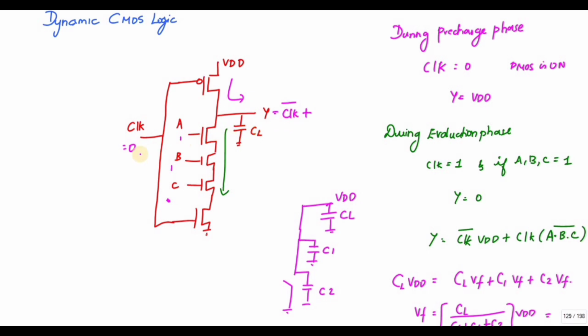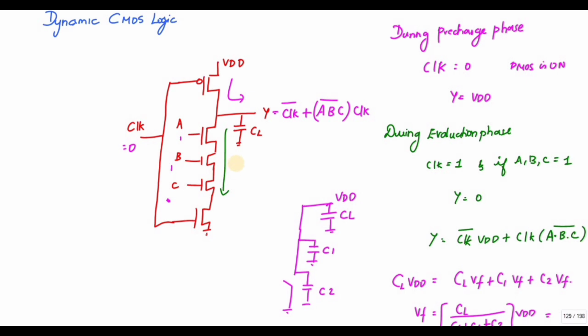Plus, whenever the clock is 1, and if the NMOS logic, that is A, B, C, is 1, the output goes to ground. So I can write this as (A B C) whole bar into clock, that is, the output goes to 0.